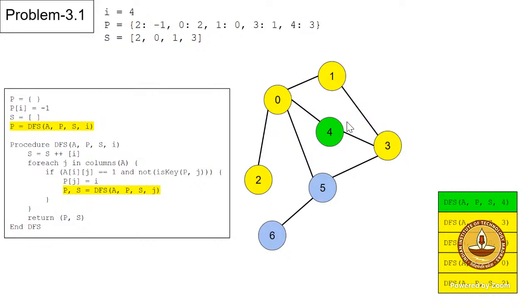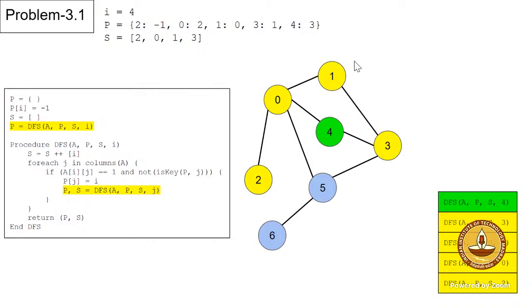So 4 cannot be the parent of 3. Here 4 is the parent and it has 0 and 3, but we will visit 0 only because 0 is smallest among 0 and 3. After that, 0 will be the parent, and it is connected to 1, 2, 4, 5.